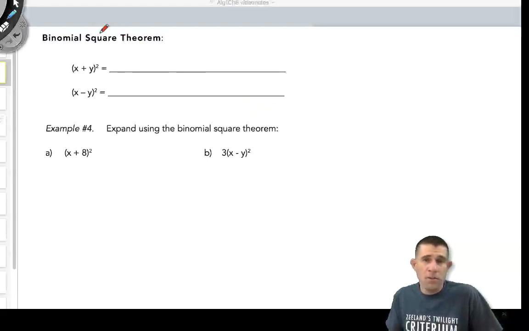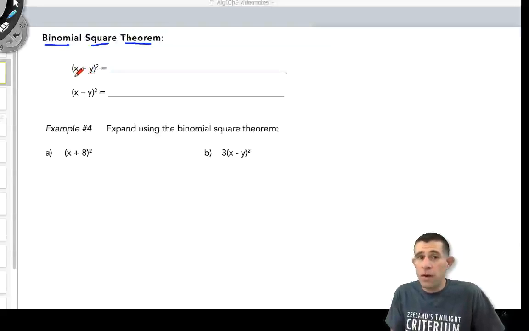All right, our previous 2 examples should lead us to this discovery of the binomial square theorem. It simply states if we square a binomial, for example, x plus y squared, the result will be the first term squared, plus 2 times the product of the 2 terms, x and y, plus the square of the second term.